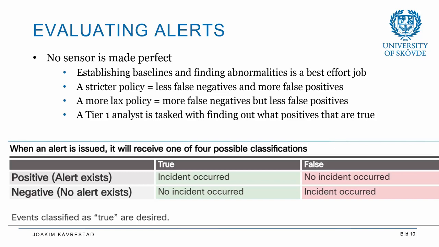And there are four important terms that you need to know about. You have false and true positives and false and true negatives. When something is false, it means that we made an incorrect assessment, and true is when we made a correct assessment.